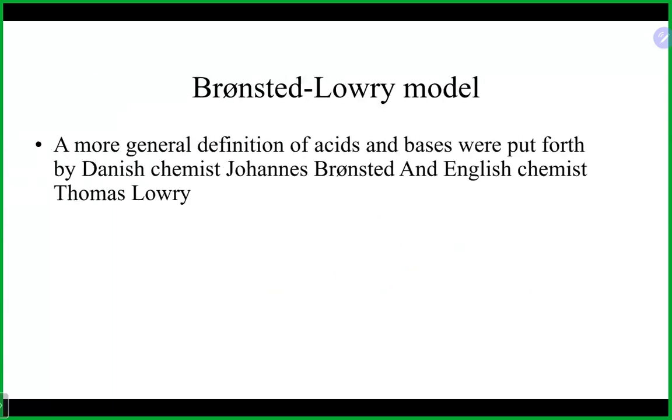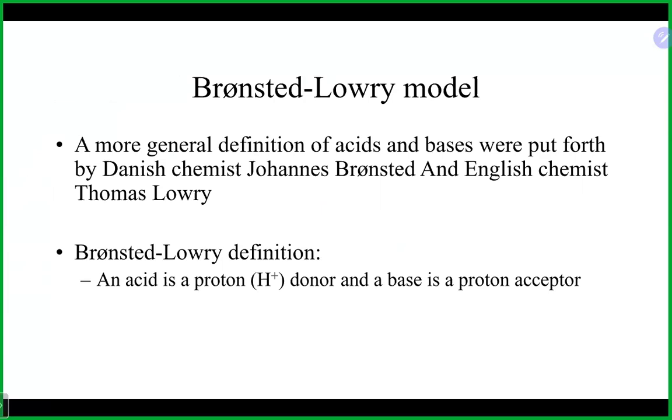So that brings us to a more general definition of an acid and base, and that is the Bronsted Lowry definition of an acid and a base. In the Bronsted Lowry definition, an acid is a proton donor, which means it gives it away. Once again, a proton is referring to H plus.